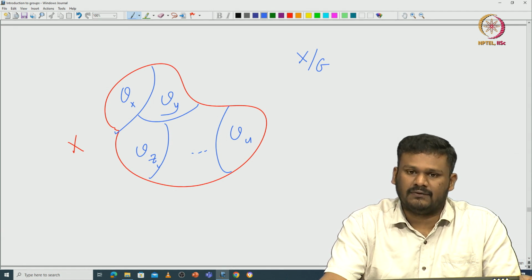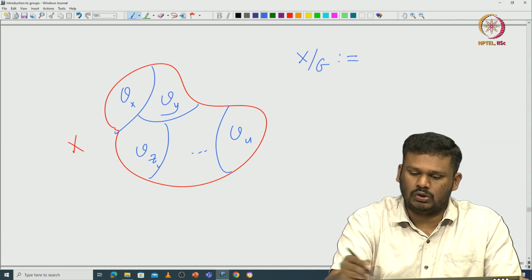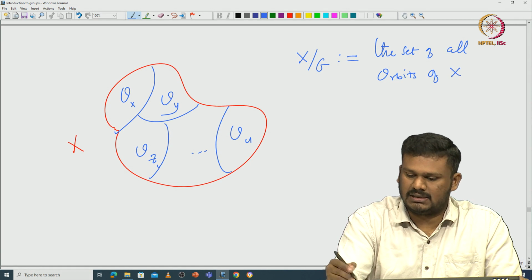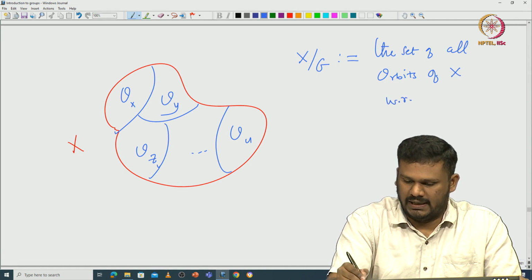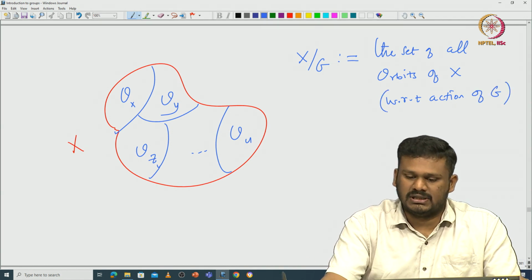So, motivated from that, we are defining this X mod G to be the set of all orbits of capital X with respect to the action of capital G. Okay. So, this is my collection.